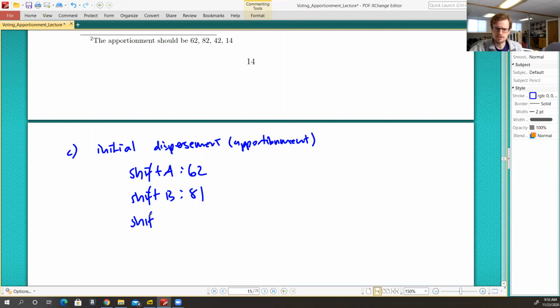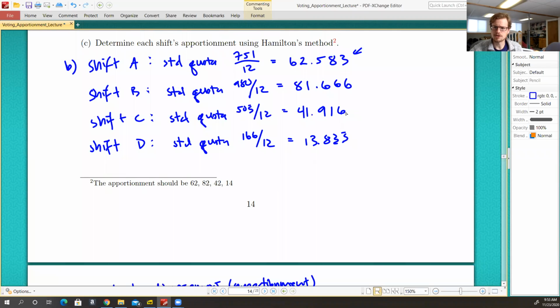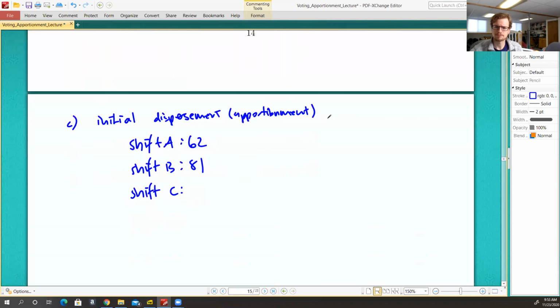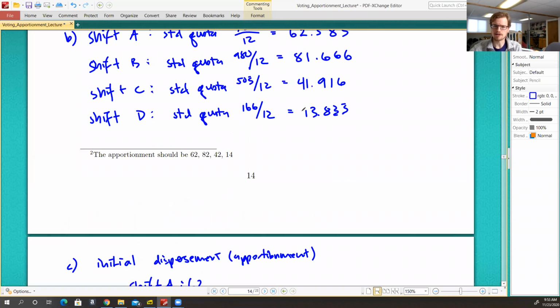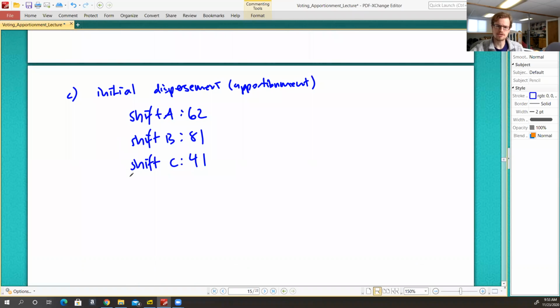And then shift C gets their lower quota, which is 41. Right, so I'm just chopping off the fractional portion, the decimal places. And shift D is going to get 13 nurses.